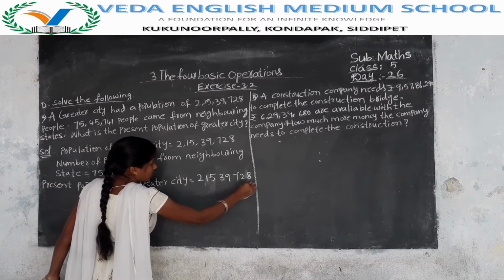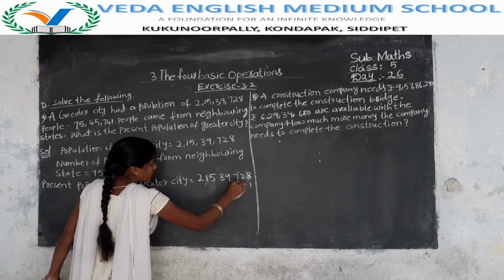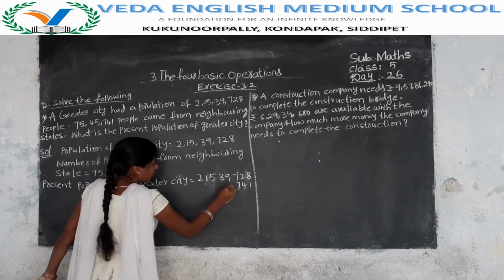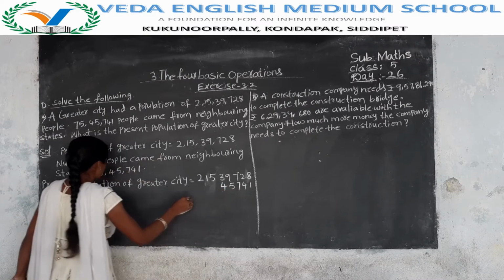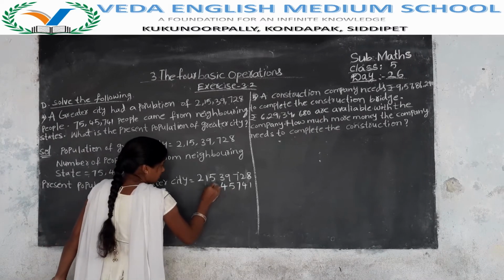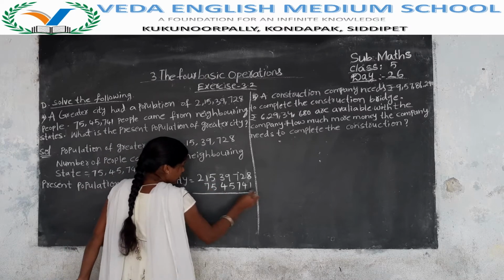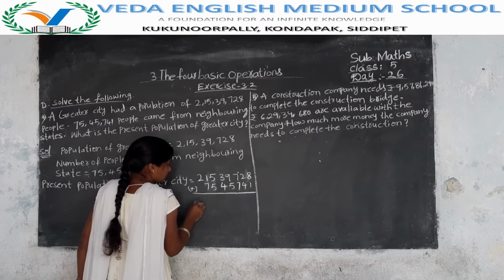You have to write from right side to left side. Then if you add these two, you will get the total population of the greater city.